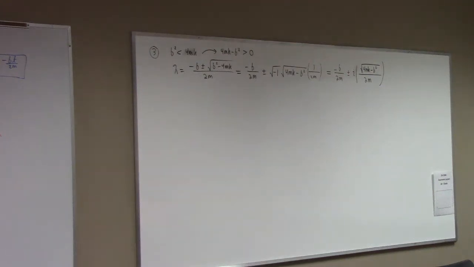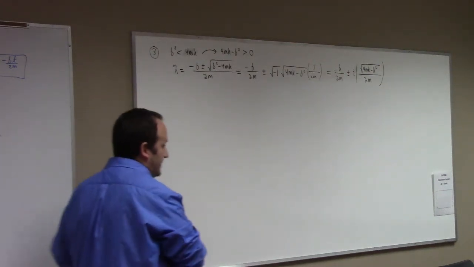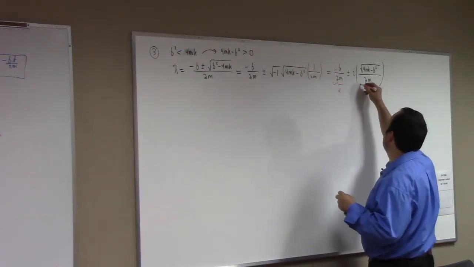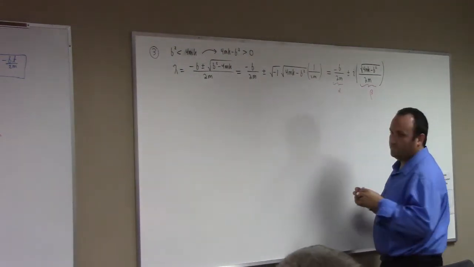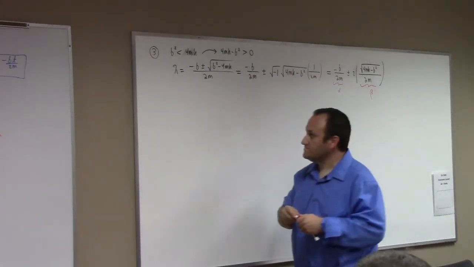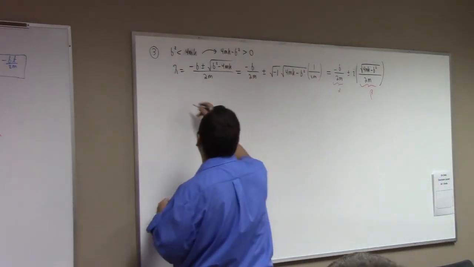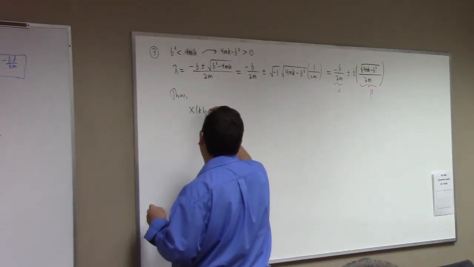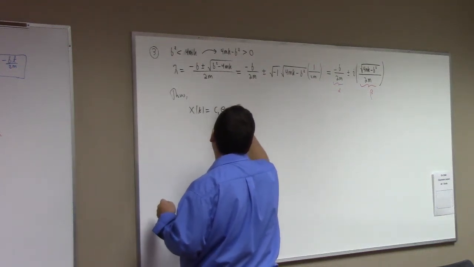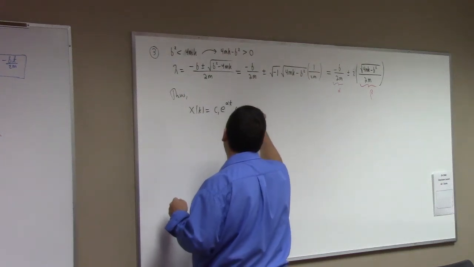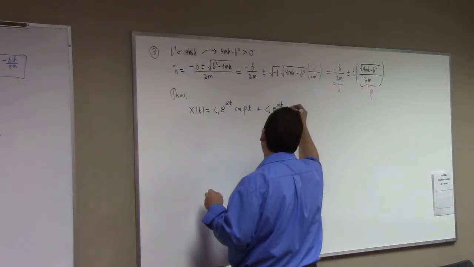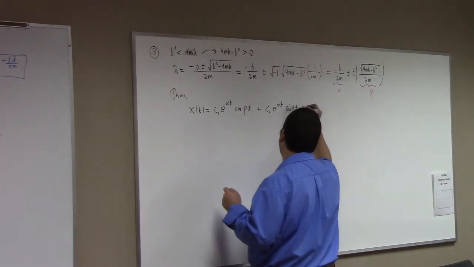And I think you can see that now, right? You see the alpha, you see the beta. So here's your alpha, and here's the beta. And so I have x of t is equal to c1 e to the alpha t cosine beta t plus c2 e to the alpha t sine beta t.